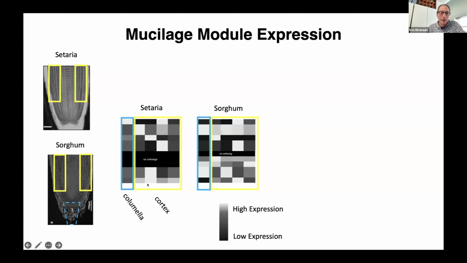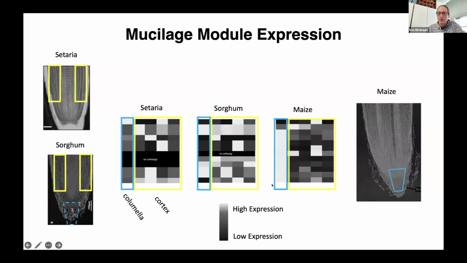I don't know why not one layer, but among those layers. And then in sorghum, they start to move into the cortex here, but then in maize, they're virtually solely in the columella. So there's some kind of switch, there's some kind of swapping between.